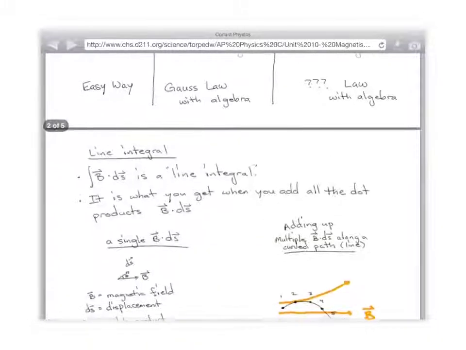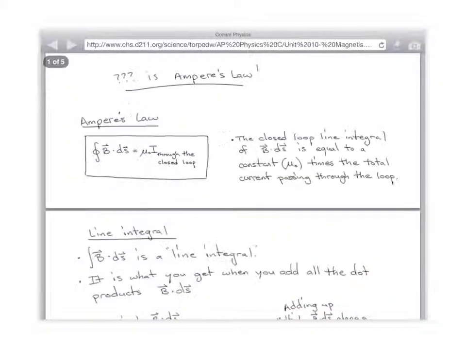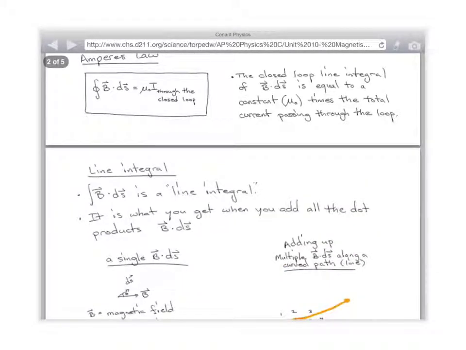If you have two wires going through your loop, then you have two currents going through, so you add up the currents.